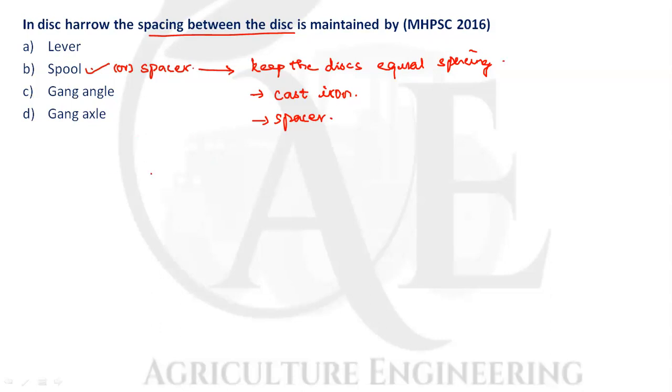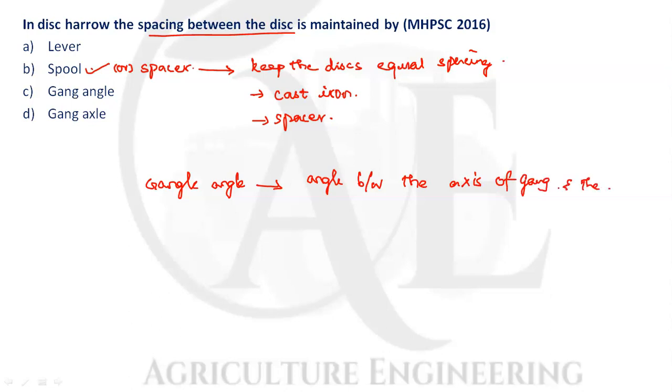Then what is gang angle? Gang angle is the angle between the axis of the gang and the line perpendicular to the direction of travel.